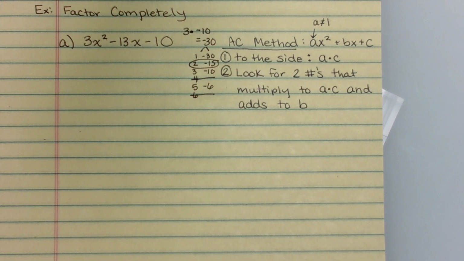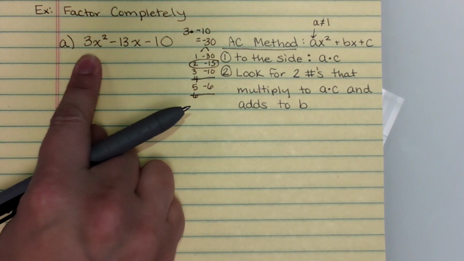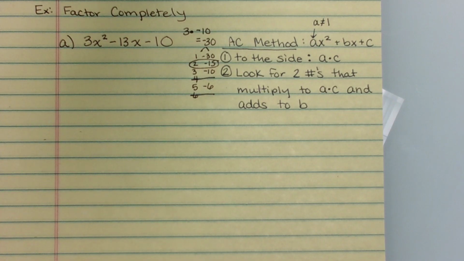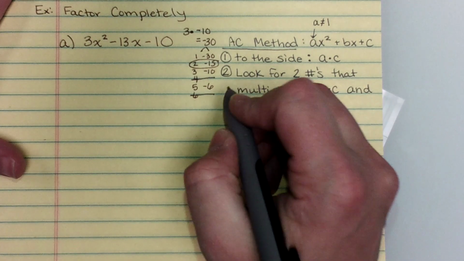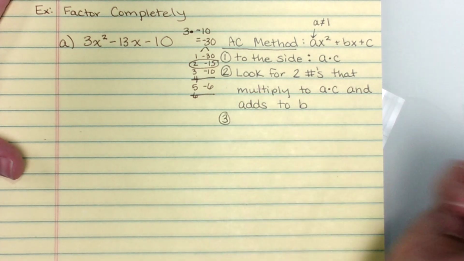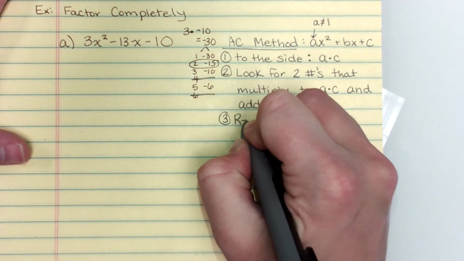If FOIL is the opposite of factoring, distributing is the opposite of factoring. If I always just have x and x here, what's x times x? X squared. Do I want it to simplify down to have an x squared? Or do I want a 3x squared? 3x squared. Which means it's not going to work to get to that. I have to go a different way. I have to do a step known as the rewrite step.